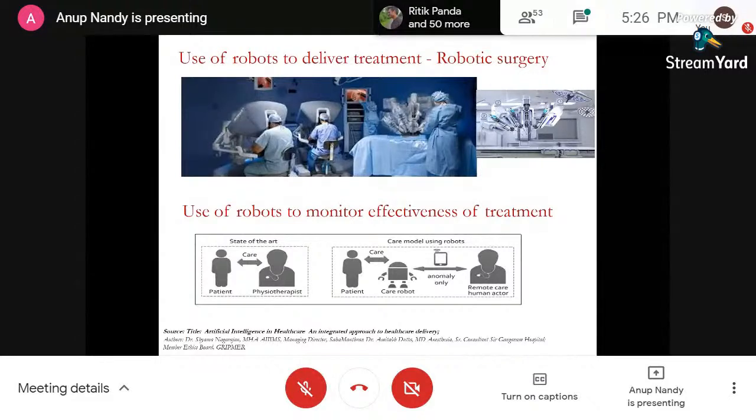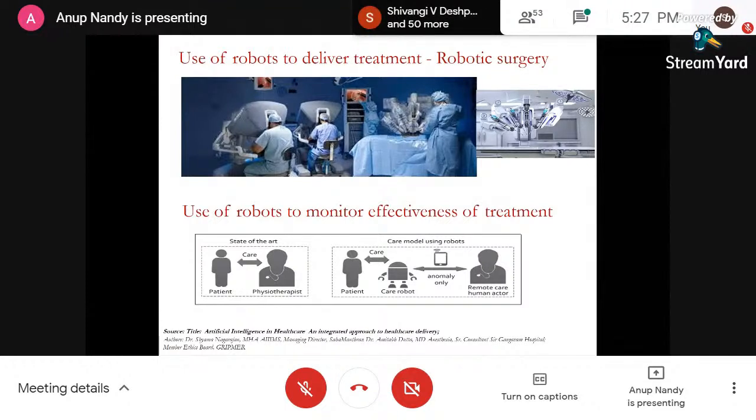There are two important things in robotics: precision and repeatability. You need to take care of precision and repeatability to do this type of job. If anything goes wrong during the operation, then obviously there is a chance of death of a person.